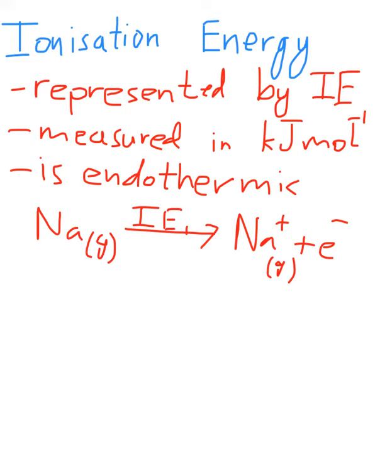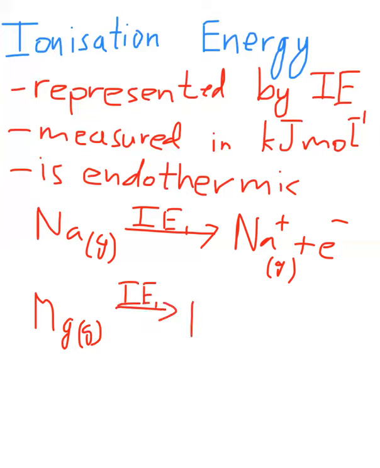The second ionization energy is when a monopositive ion loses another electron. So for that, we'll take the example of magnesium. Magnesium in the gaseous state first loses 1 electron.